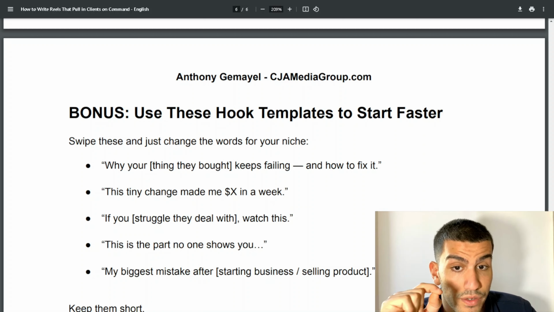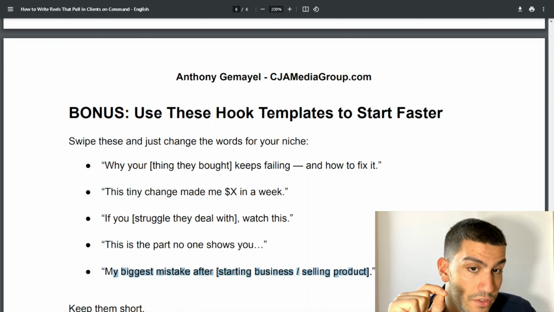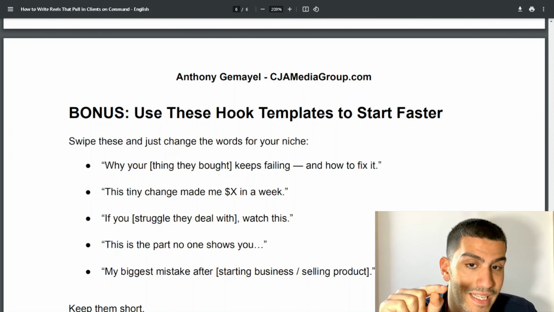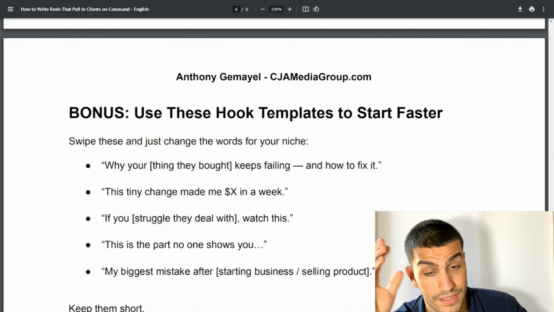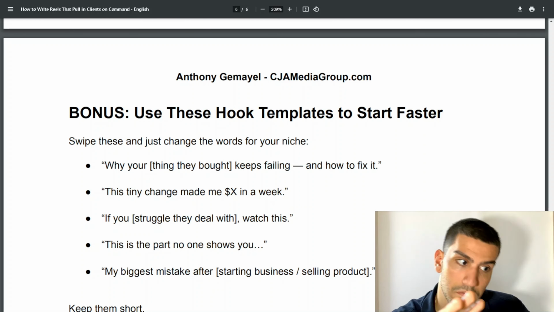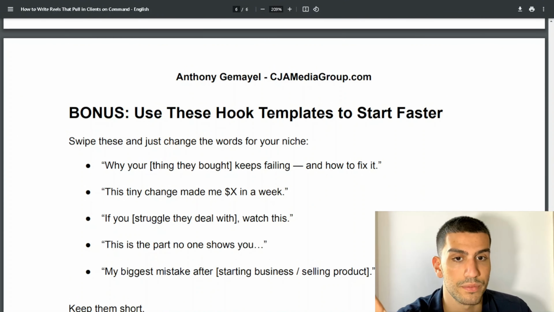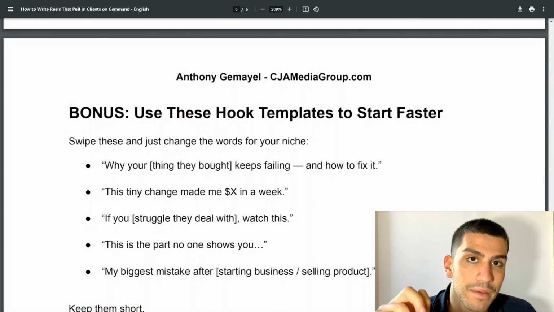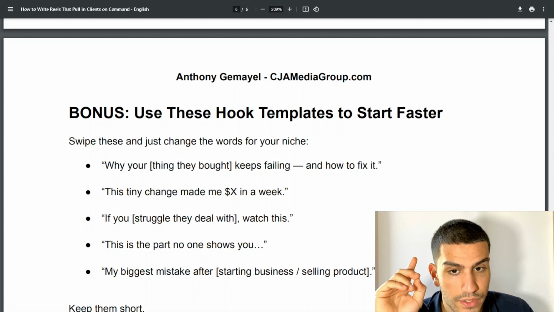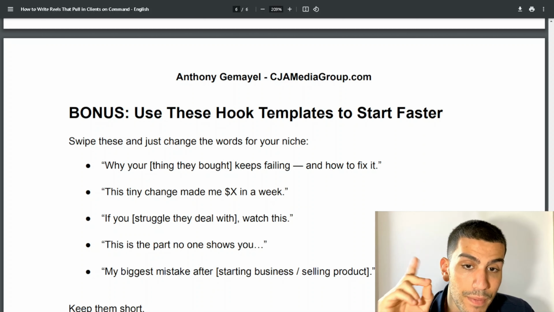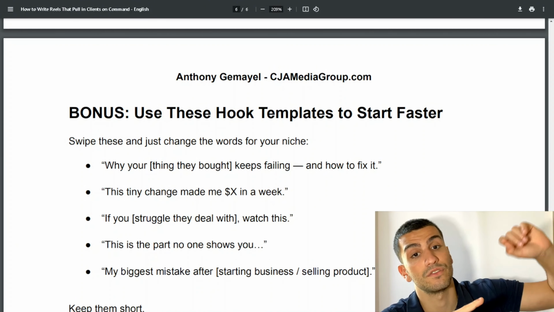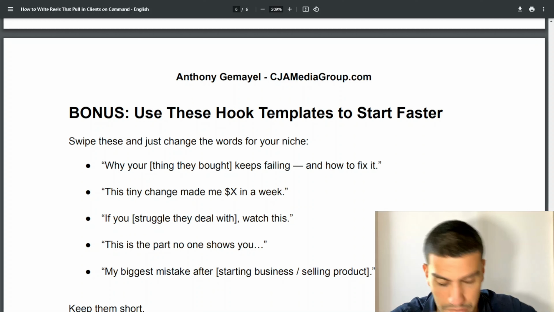The last one is actually good for attention, interest, desire. My biggest mistake after starting business, selling this product, let's say. I'm gonna adapt it to the chiropractor example. Okay, I'm gonna adapt it to like back pain, chiropractor, something like that. We can do my biggest mistake after going to the gym and not taking care of my back, let's say, or something like that.